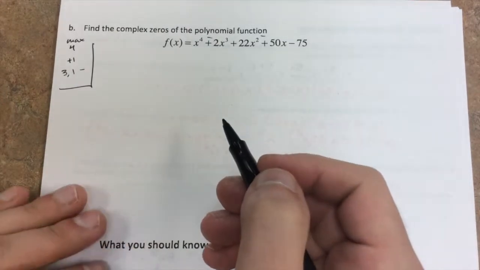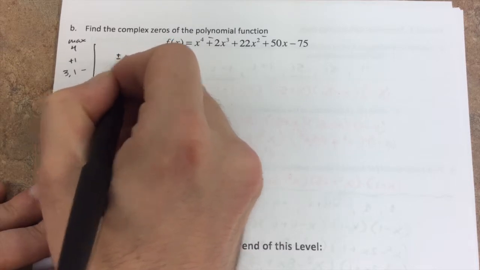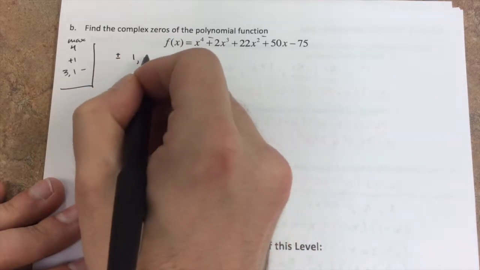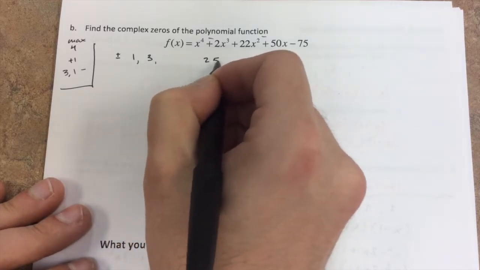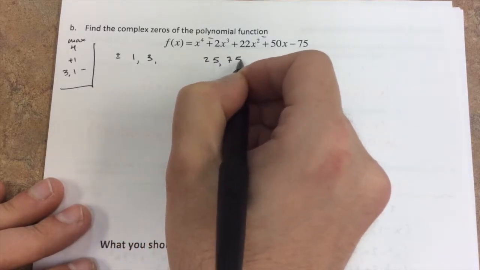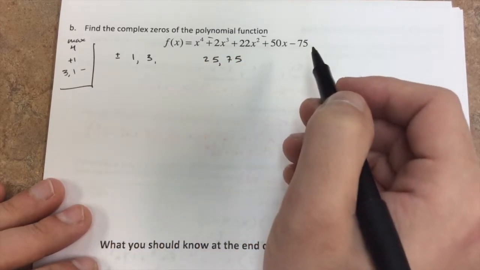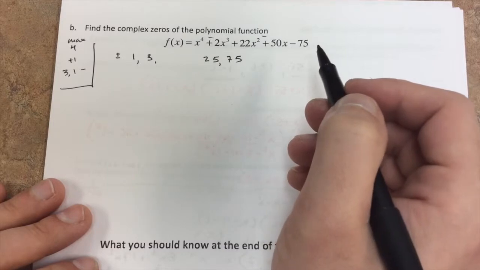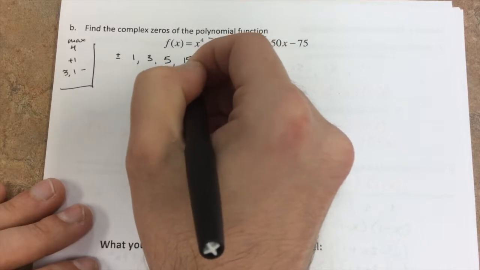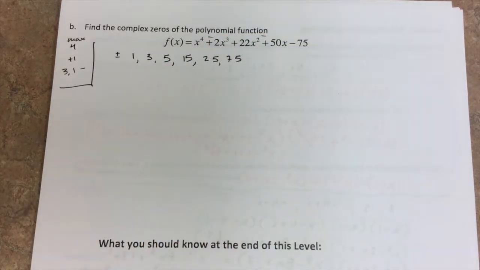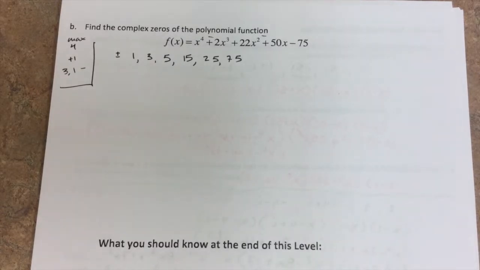Now we want to do our p's over q's. So the numbers that multiply to be 75, so plus or minus 1, 2 doesn't go in, 3 and 25. So let's write these: 3 and 25, 1 and 75. 4, nope, 5 and 15.